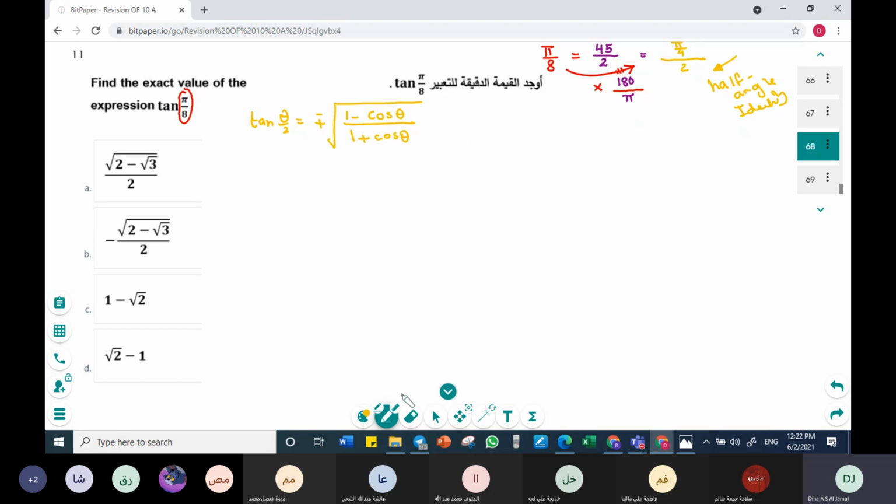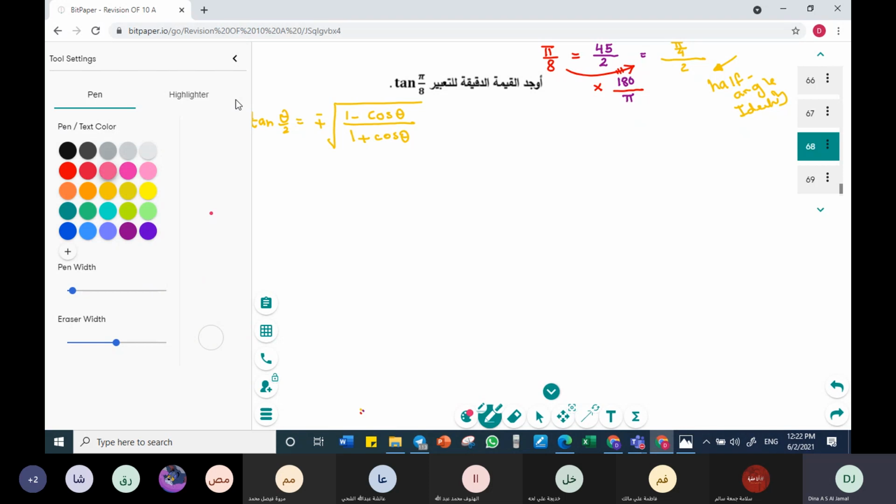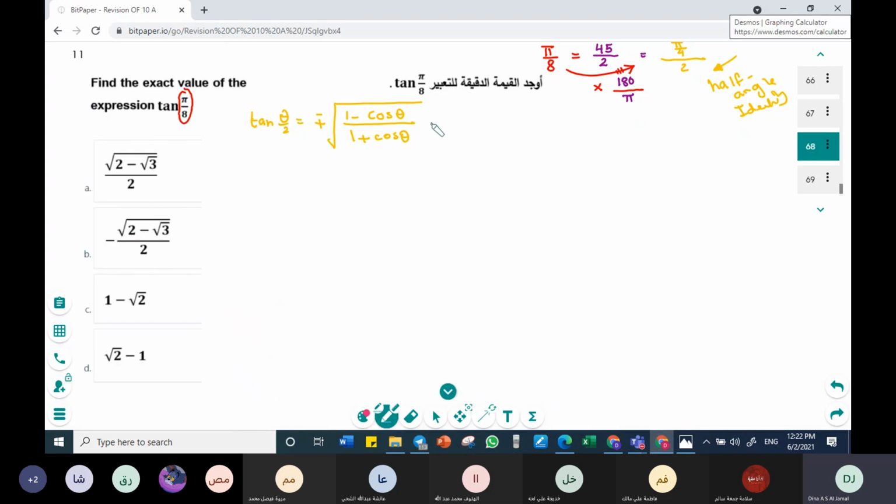And let's have a look what will be now our theta. So let's substitute. So as we have said, it will be 45 over 2, which is pi over 4. This will be our new theta. That means tan pi over 4 all over 2.